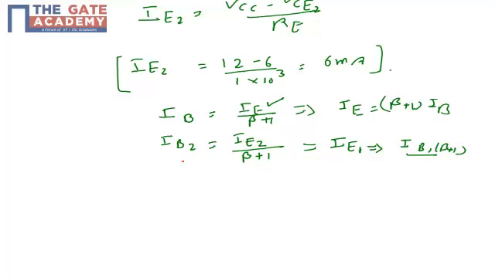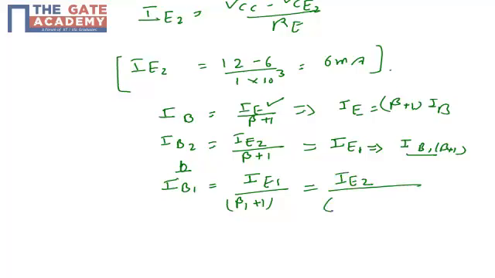So now I can find out IB1 as IE1 divided by beta 1 plus 1, or if I put the value of IE1, it will be IE2 divided by beta 1 plus 1 times beta 2 plus 1.